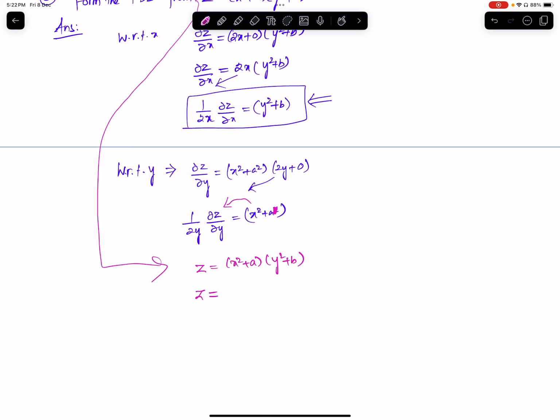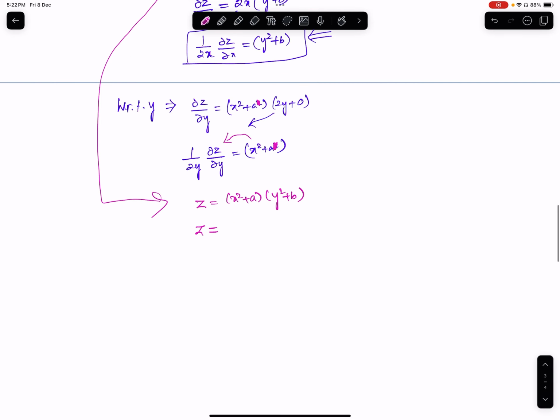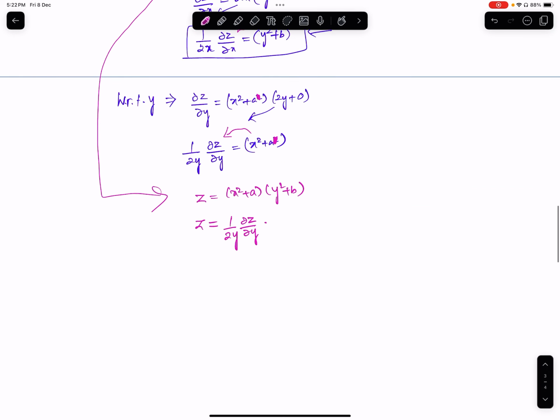Oh, here also I have written a square. Just a. So x square plus a is 1 by 2y dou z by dou y. Multiply. What is y square plus b? It is written here. It is 1 by 2x dou z by dou x.